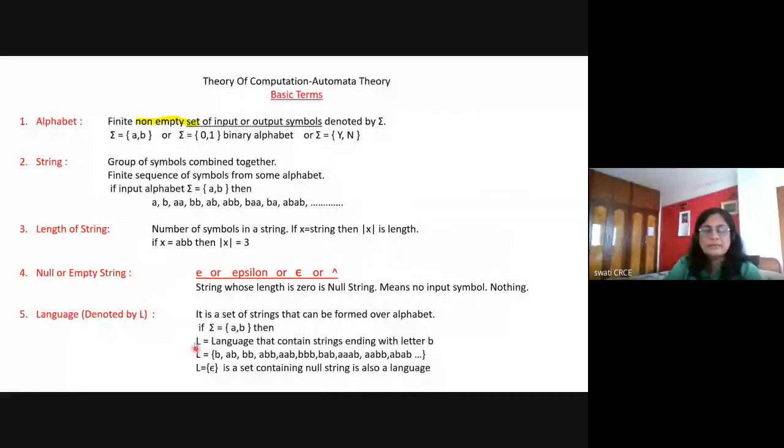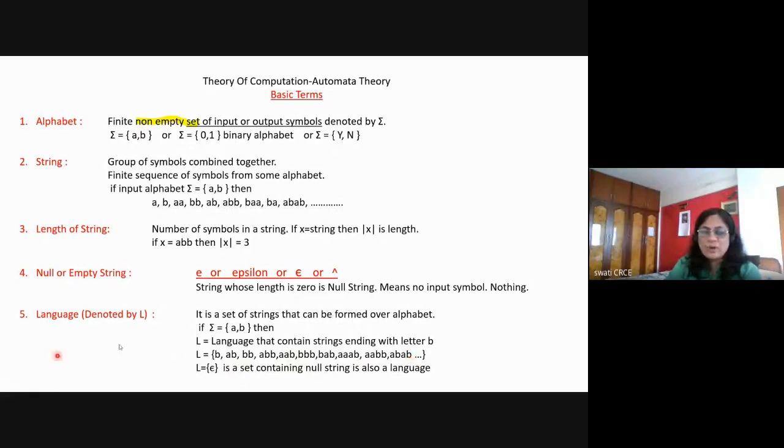Now suppose in my problem I am saying that L is the language that contains strings ending with the letter b, for sigma {a, b}. Then what can be the strings that are part of L? L is a set of strings, so it is also a set. But these strings are not any random strings. These strings are generated in such a way that they follow a certain rule. So if you observe, all the strings are ending with small b.